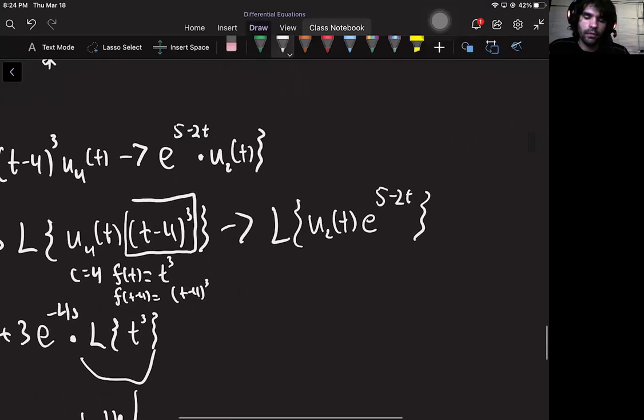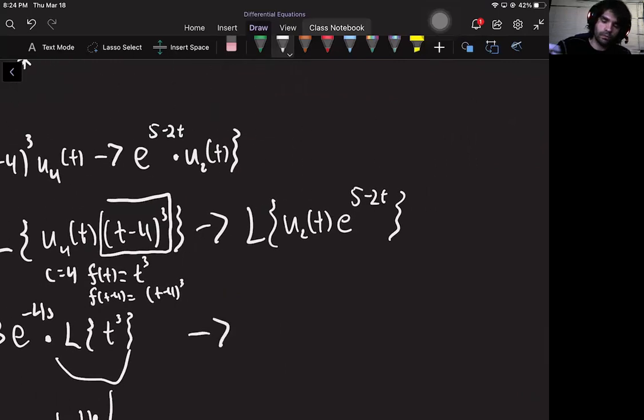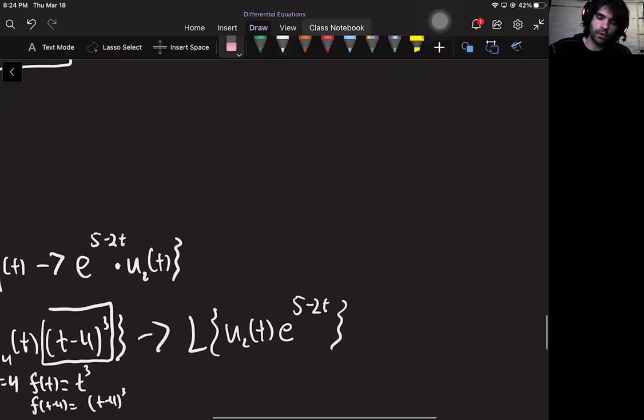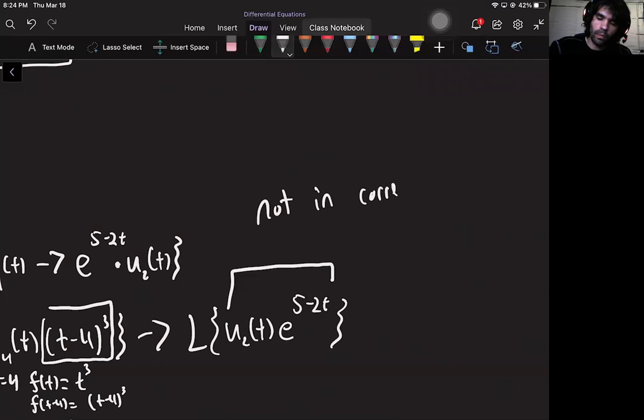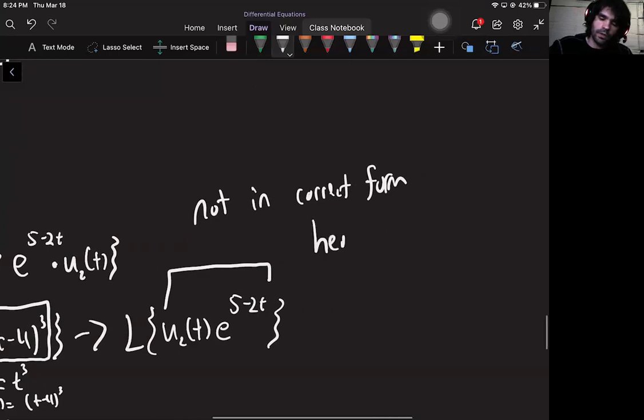Now this one is the tricky one. So the idea is that this is not in the correct form. Let's do some scratch work over here. So this is not in the correct form, or it's not clear that it's in the right form. So here, what's c? c is 2, because I'm trying to shift by 2.